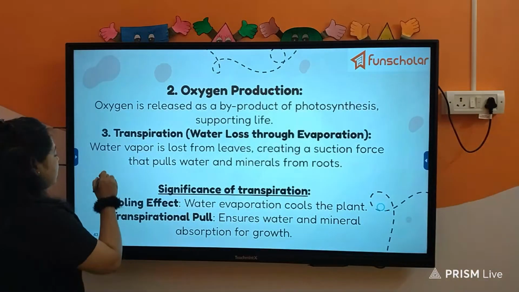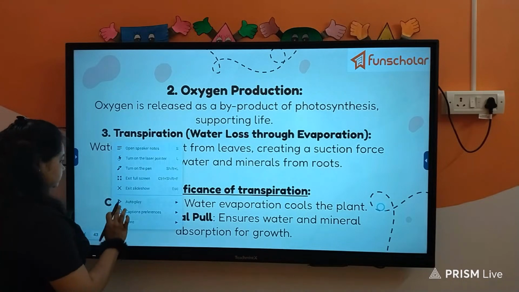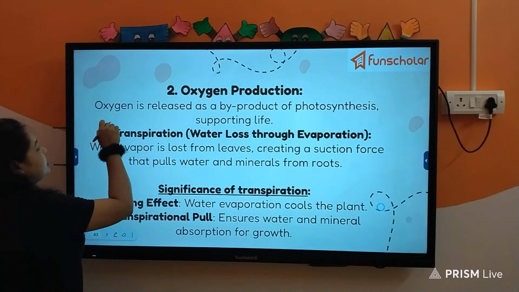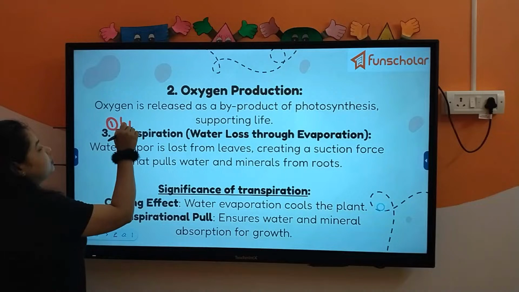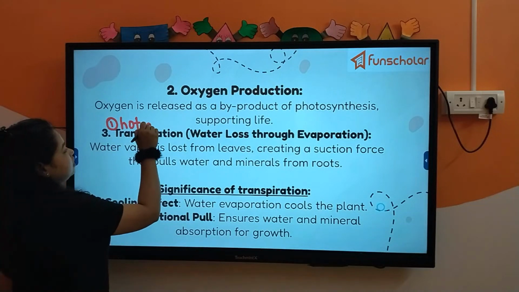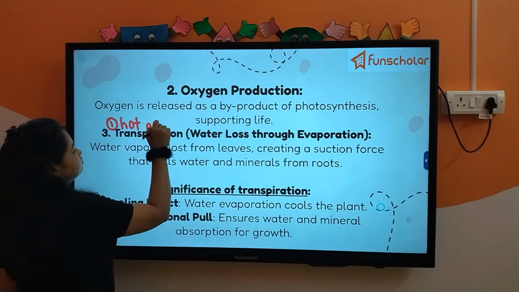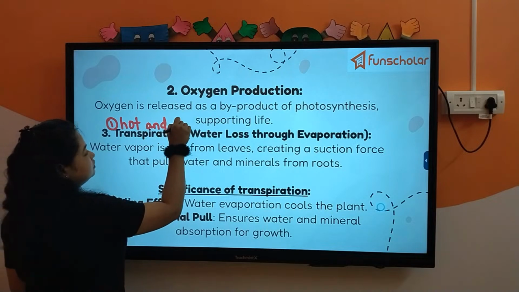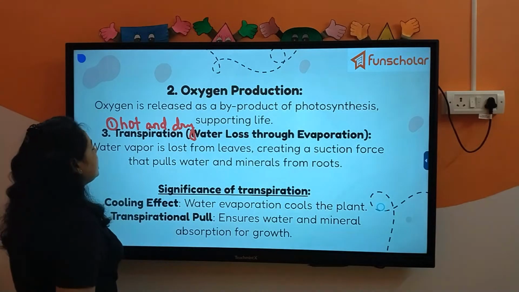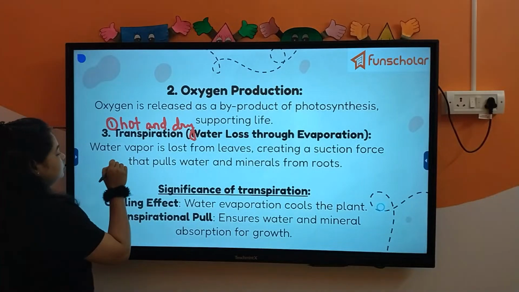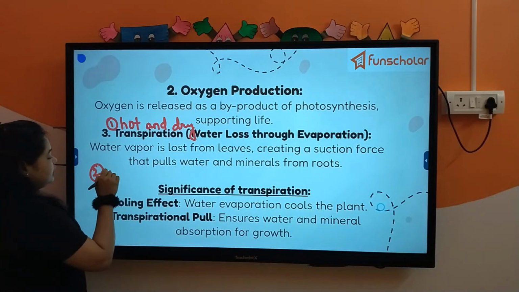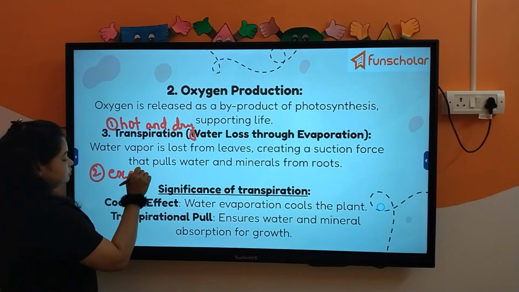That means condition number one is the hot and dry condition, and the second one is that there is excess water.